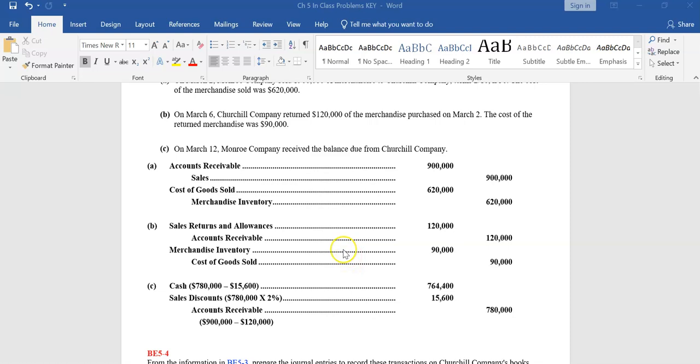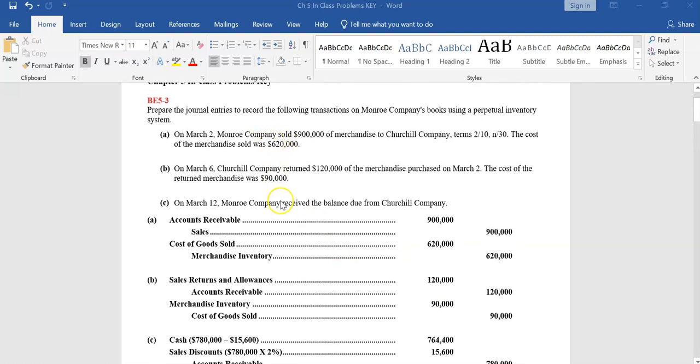Now we are going to record all of these same transactions. However, we are going to record them on Churchill Company's books. So instead of recording journal entries into the seller's books, we are going to record them into the buyer's books. So let's prepare a journal entry on March 2nd to reflect the fact that Churchill bought $900,000 of inventory.